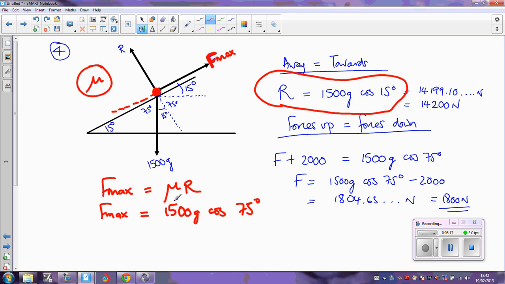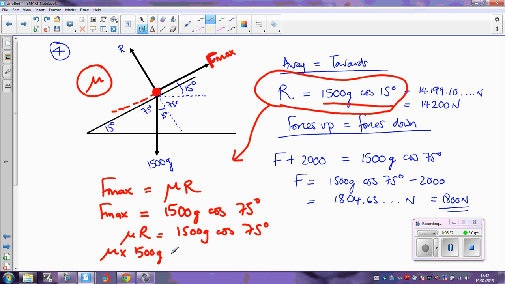Now I can put these two equal to each other. Mu R is going to equal 1500 g cos 75 degrees. And I know that R is still 1500 g cos 15 degrees. So I can now write that mu multiplied by that value of R, which is 1500 g cos 15 degrees, must equal 1500 g cos 75 degrees.